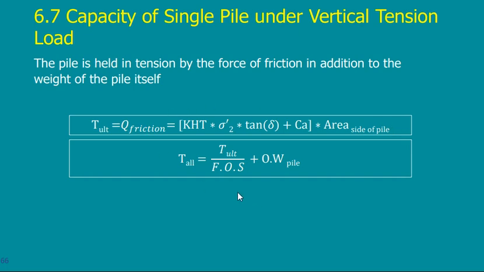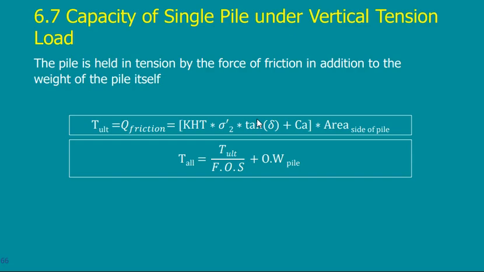And if I have a factor of safety, it will be on the tension load, so it will be on the friction alone. However I calculated the friction, it is the same as the calculation that I did for the friction alone. Calculated from any method, because we are here just discussing the criteria.